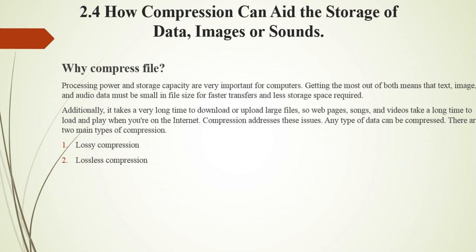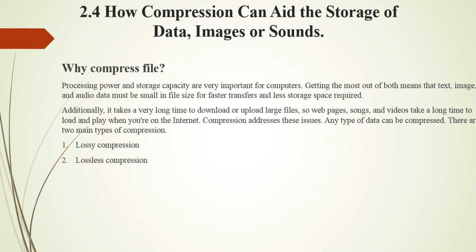The most common example of a lossy compression method for images is JPEG. This compression format is commonly used on the internet and in digital photography. A popular lossy compression method for sound is MP3. Once a file is compressed using lossy compression, the discarded data cannot be retrieved again.